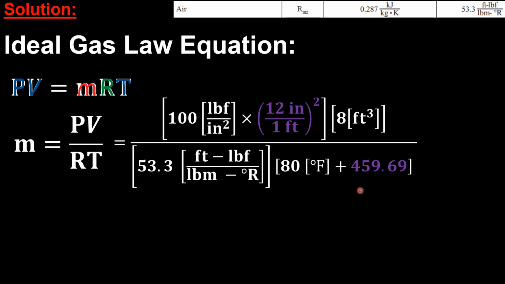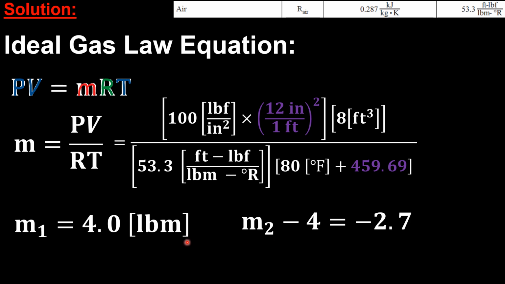As practice, you can make sure that these units cancel each other, and you will end up with pound mass. You can do this by yourself as practice. So when you plug this into your calculator, it will give you that the mass at state 1, or at 0 seconds before the air starts to leave the system, is 4 pound mass.